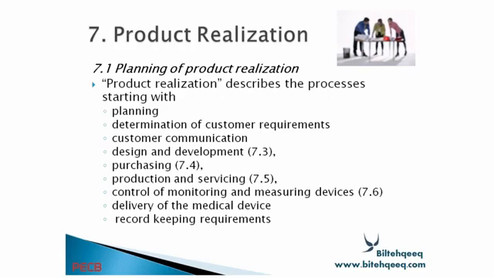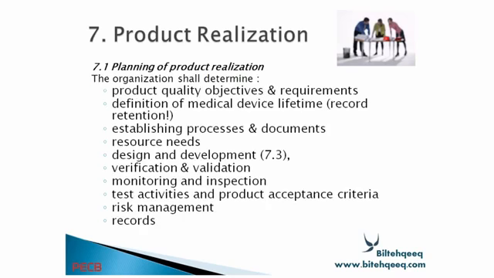And now we will go through all these elements step by step. Planning of the product realization: the organization shall determine product quality objective and requirements, definition of medical device lifetime, record retention, establishing process and document resources needed, design and development, verification and validation, monitoring and inspection, test activity, and product acceptance criteria, risk management records.